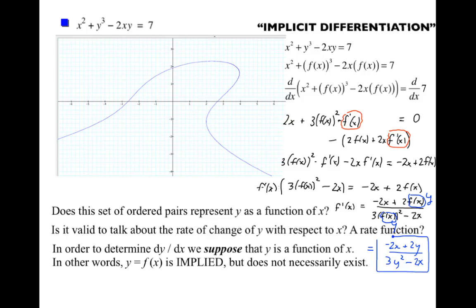So what is that expression right there giving us? What does that expression right there give us? Why did we do all this pencil pushing here? What is this going to give us? Someone in the back.